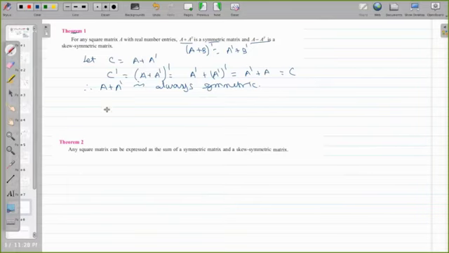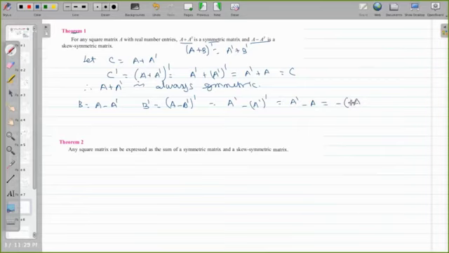Okay, now next. Then we take B equal to A minus A dash. Then now I am finding B dash. It is A minus A dash whole dash. Children, what will I get? A dash minus A dash whole dash. What does it mean? It is A dash minus A. Children, I take minus out.